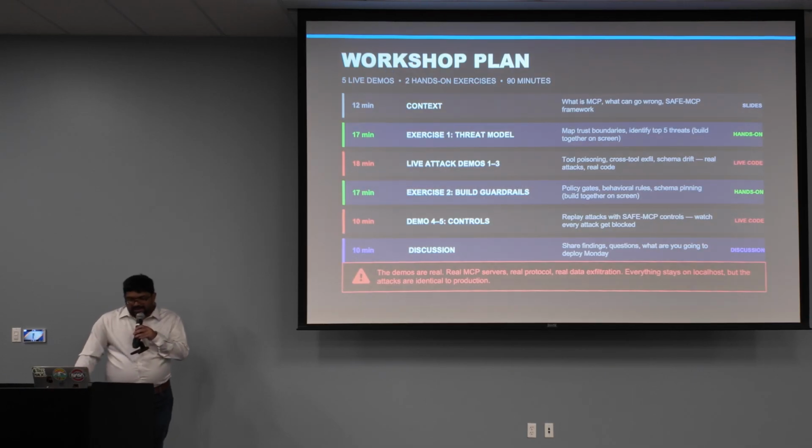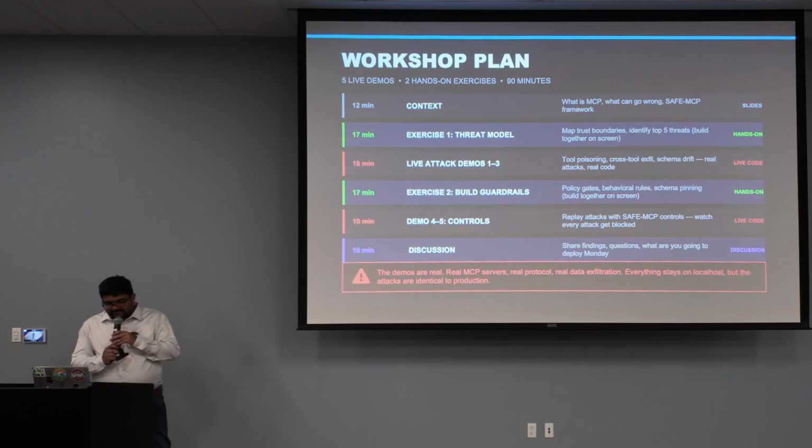I have curated the workshop in different parts: first the context or background, then the threat model, then three demos, then building the guardrails, and in the same worksheet, the controls.